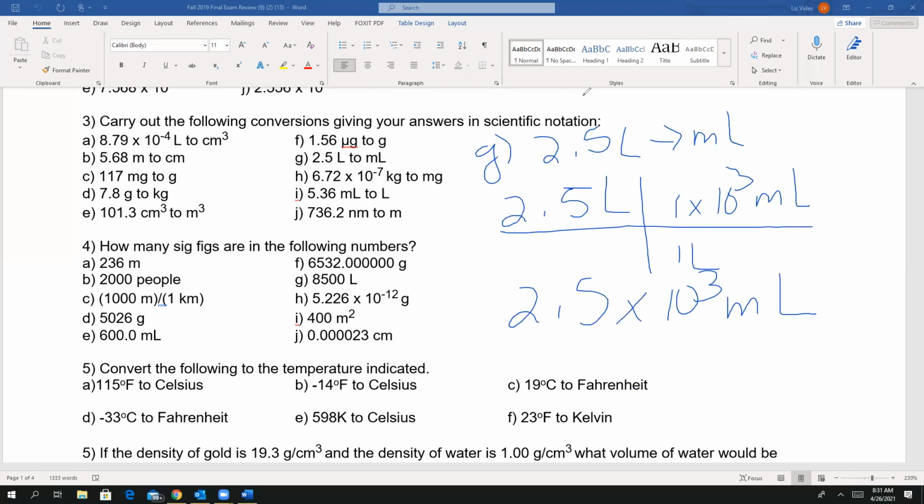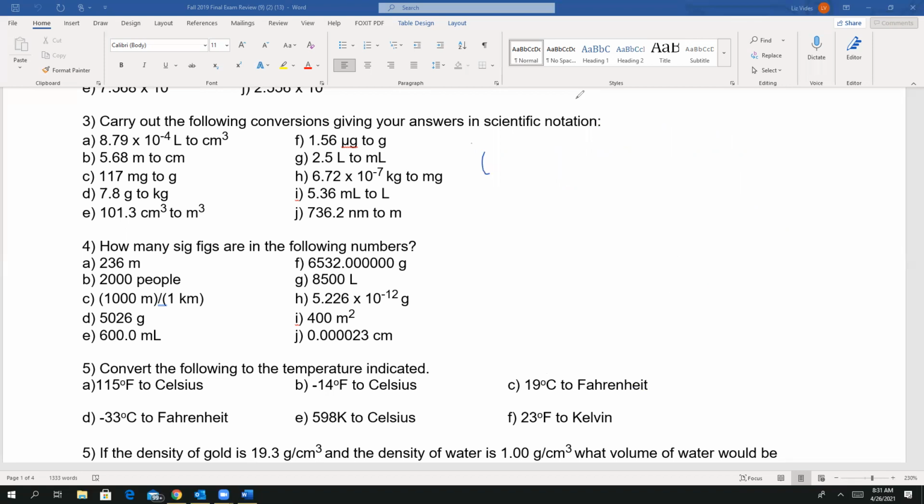And the last one that we're doing is I, which is 5.36 milliliters to liters, right?